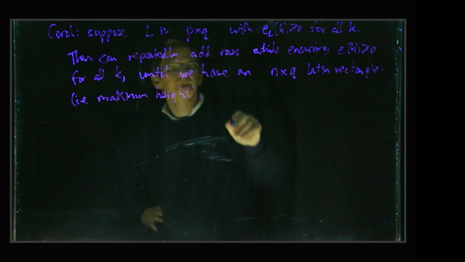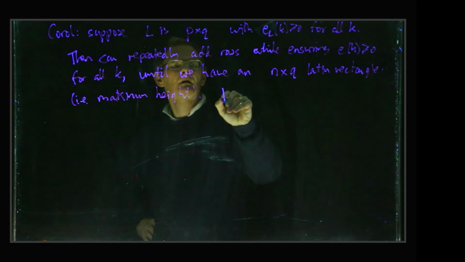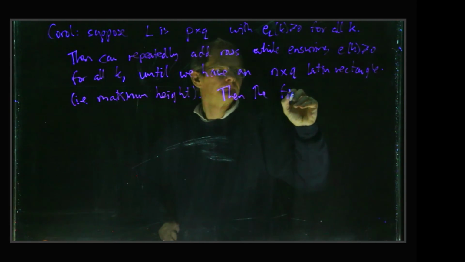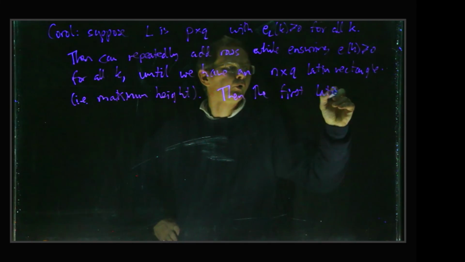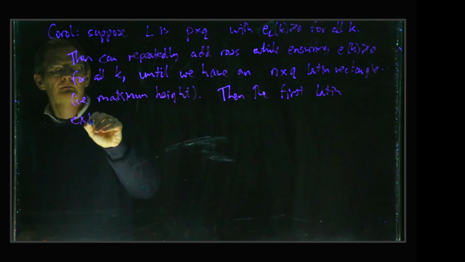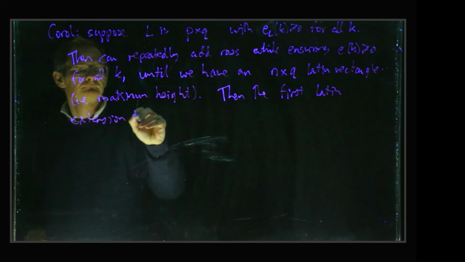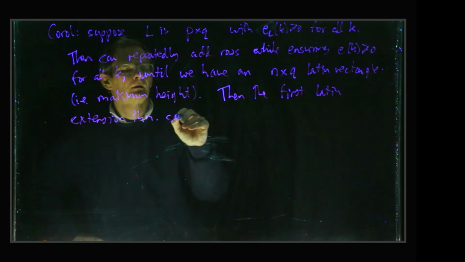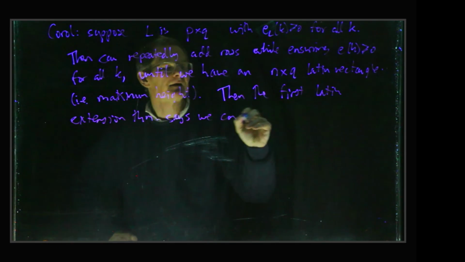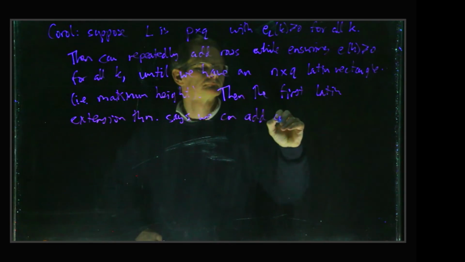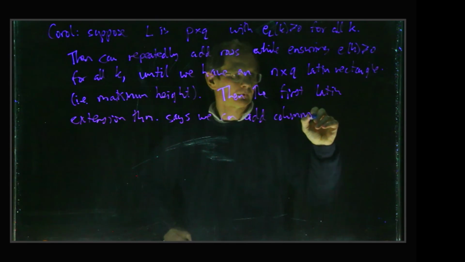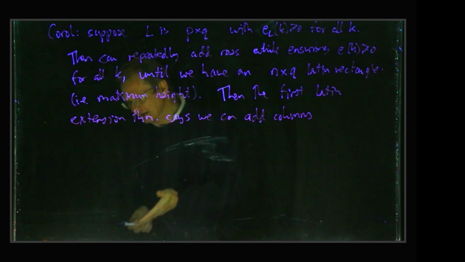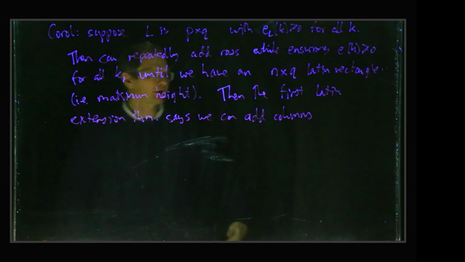Then the first Latin extension theorem says we can add columns. Actually, the way we formulated the first Latin extension theorem, we said if it's got maximum width, then you could add rows.